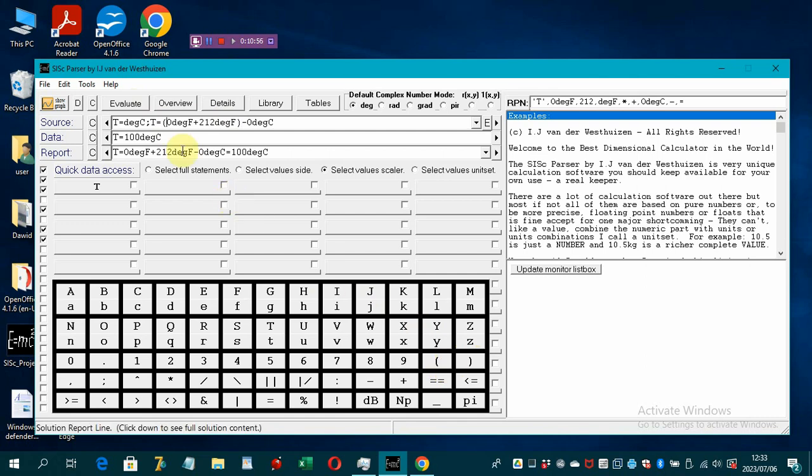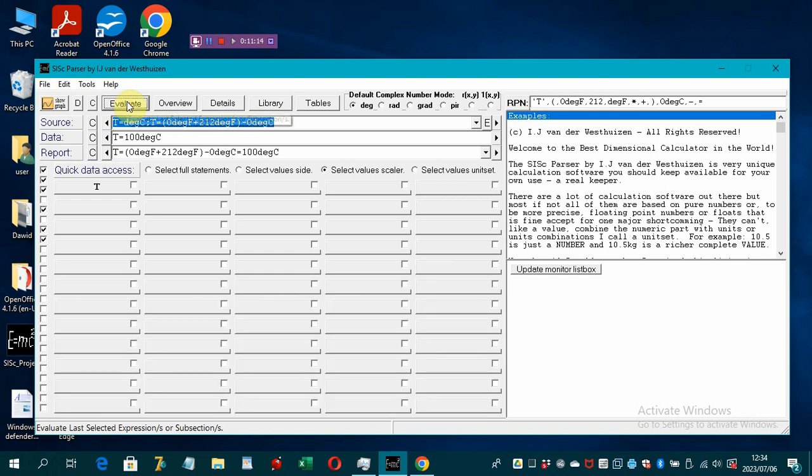So basically, that is your temperature in degrees Fahrenheit per scale. That is 212 degrees Fahrenheit per scale. You deduct the degrees Celsius to convert to degrees Celsius. And it should give the same answer, obviously. You see, so that's about it.